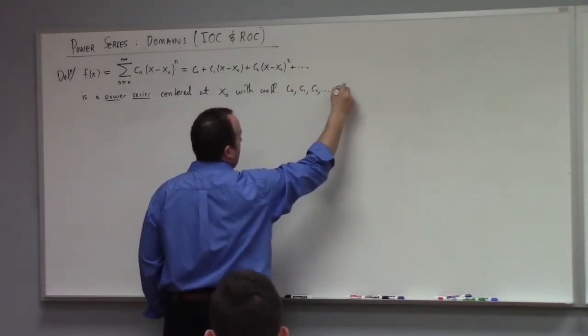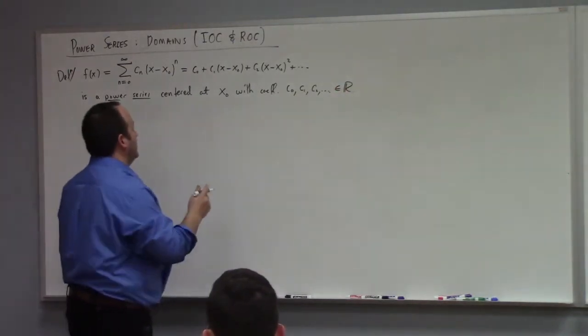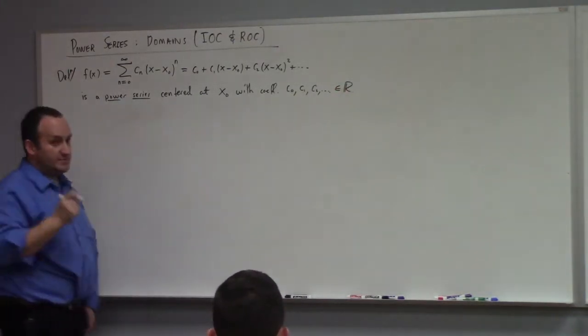We're assuming that those are real numbers. We're also assuming that x naught is a real number. All right?